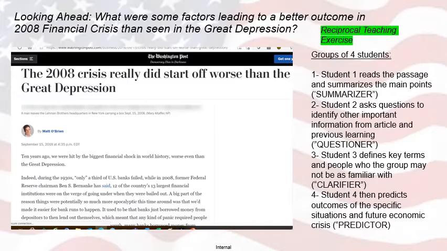And we have an article identified here out of the Washington Post, which starts off and tells the students, hey, it started out worse, and it kind of lays out the reasons why it's worse and all. And we would have that as an assignment leading into the presentation of the lesson, so the students were familiar with it. But then we would go into the reciprocal teaching technique and exercise that Chapter 5 talked about.